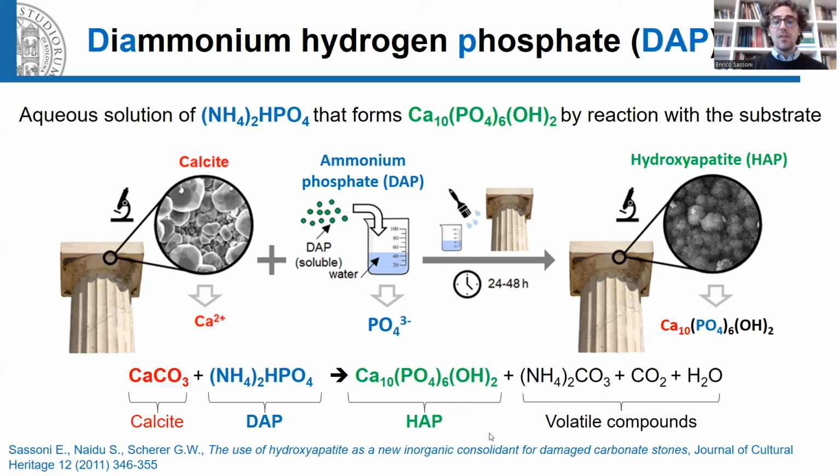Among calcium phosphates, the ideal one to form is hydroxyapatite. You can see the formula here. So hydroxyapatite, usually abbreviated as HAP, is the ideal one to form because it's the most stable calcium phosphate at pH higher than 4. And for the record, a biological apatite, present with several ionic substitutions, is the main mineral constituent of our teeth and bones, which demonstrates the high durability of this mineral.